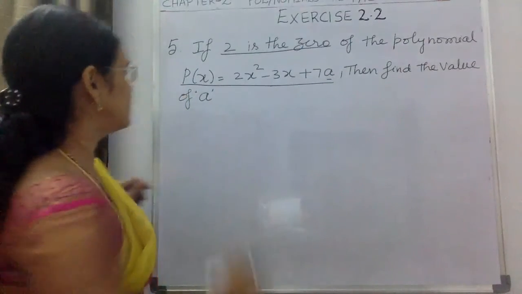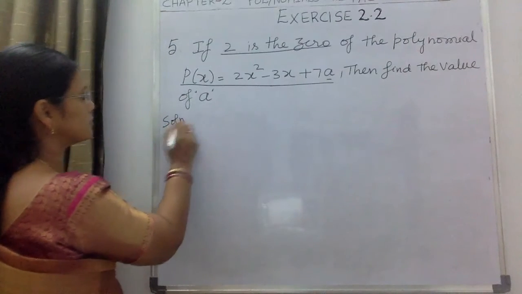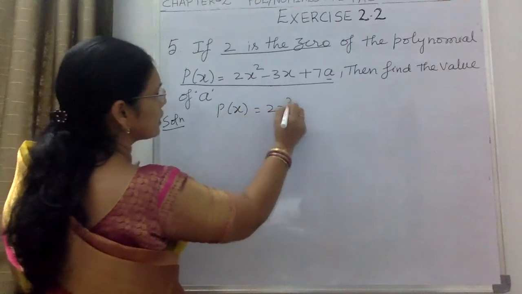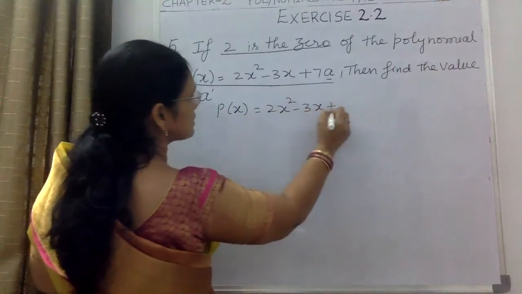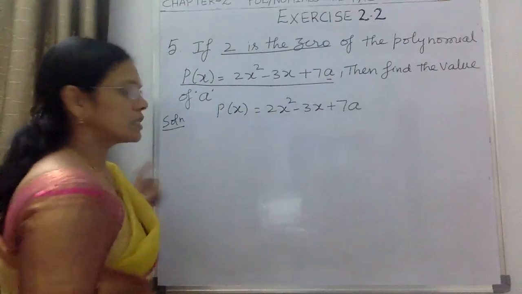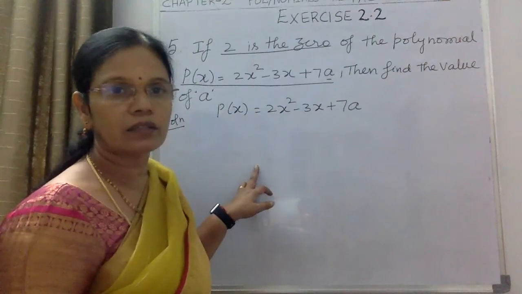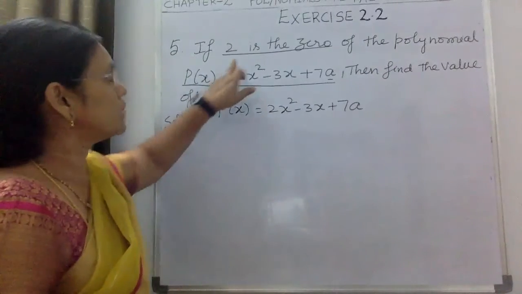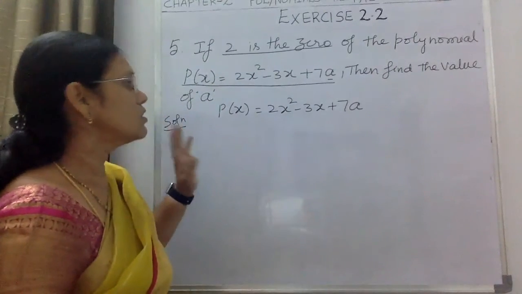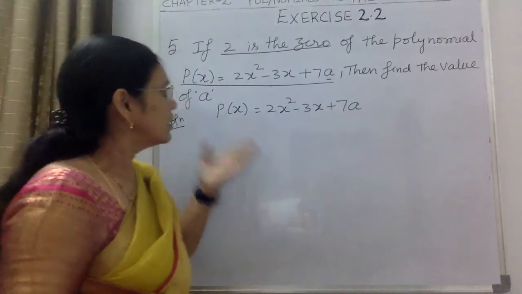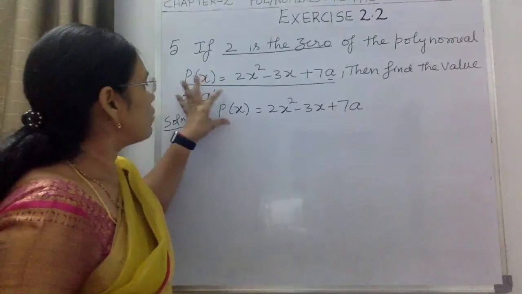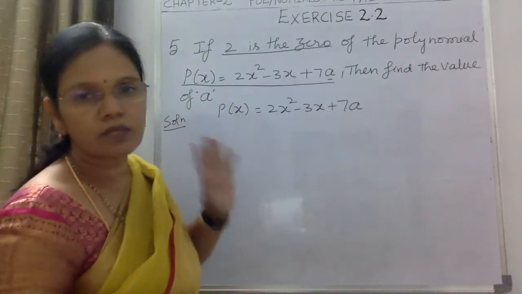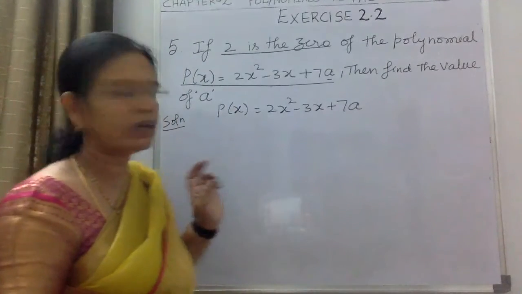So let us write the given expression. p of x is equal to 2x square minus 3x plus 7a. It is given that 2 is the zero of the polynomial. So we may consider that the value of p of x at x equals 2 will become 0 because it is already given in the problem.